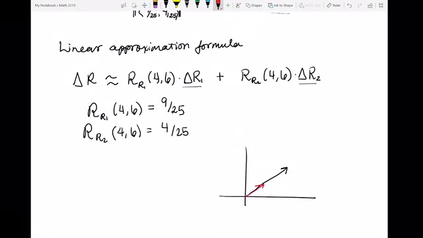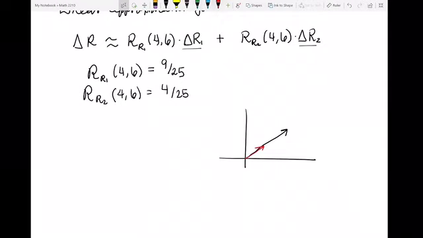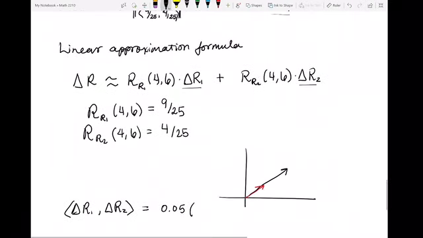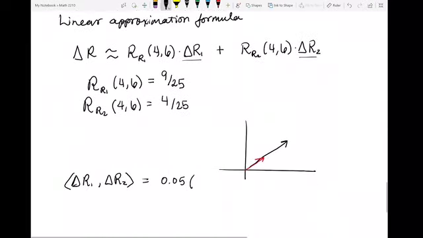That's the distance I want to move along it, so I will not go at 1 unit length, I will go 0.05 of that unit distance. And so I will say here that my delta R1, delta R2 is equal to 0.05 times this unit vector that I calculated up here, right?